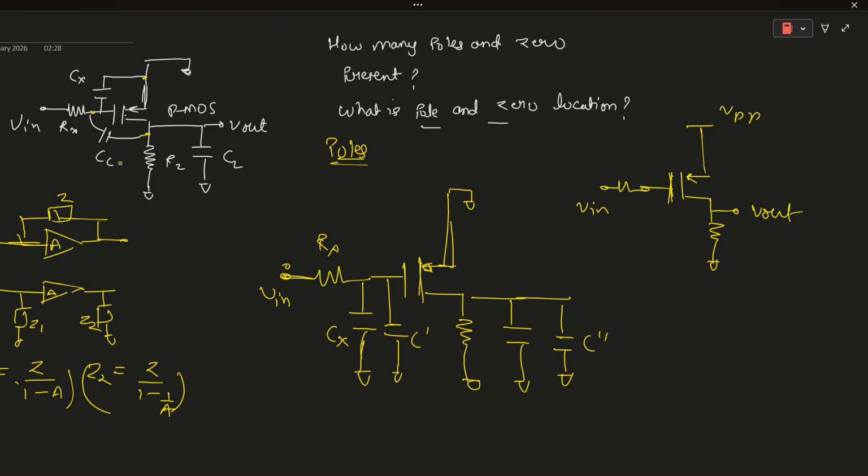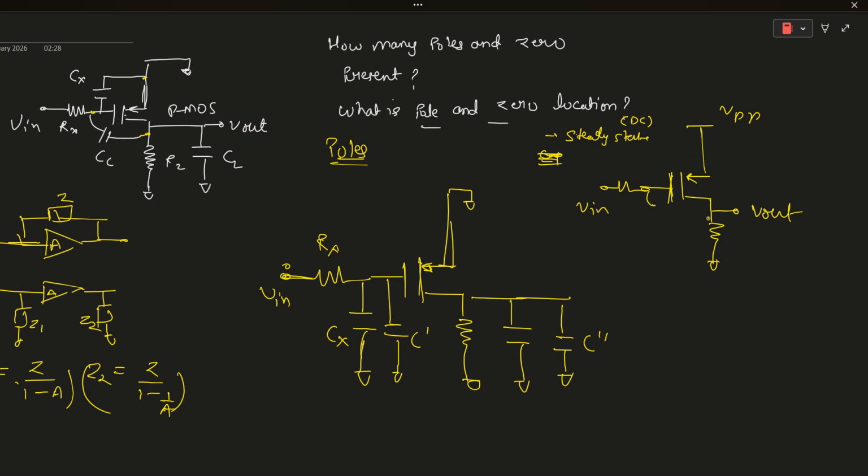If there is no capacitor like CX, CC, and loading capacitance, then we can see this as a steady state circuit. At steady state, capacitor shorts. No, it's not shorts. Capacitor open. So it's a steady state circuit, and we can call this DC gain.